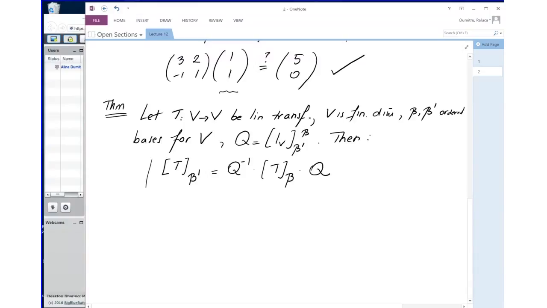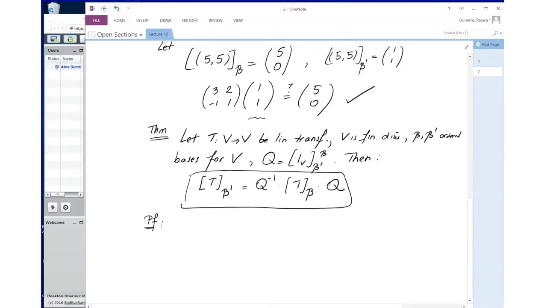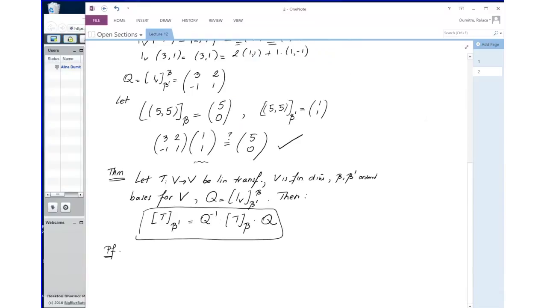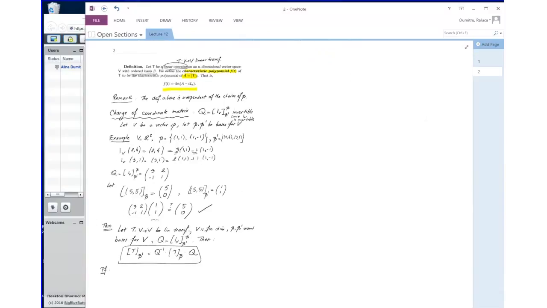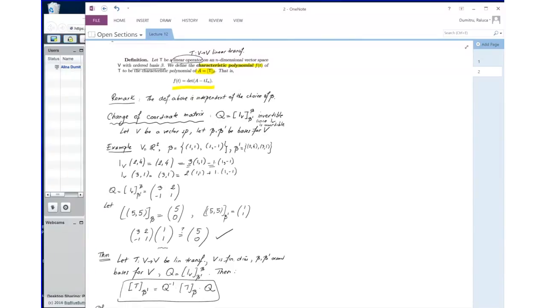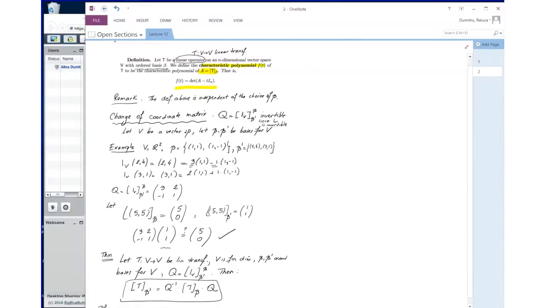Now, before we go ahead and prove this, let's make sure that that's exactly what we need. If I go back here, I don't know if you can read that.